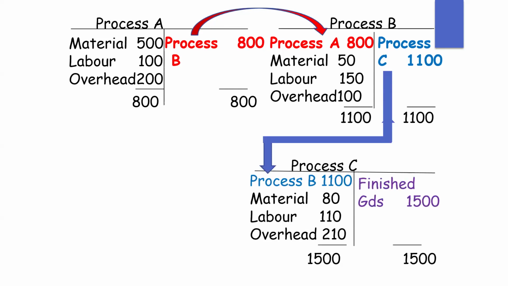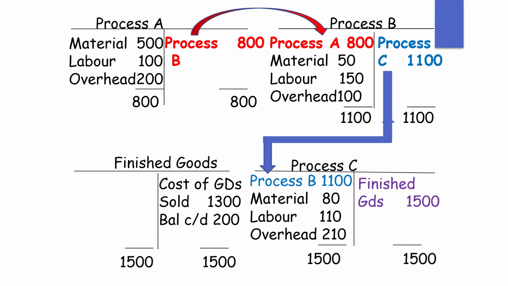In process C, you can see the input from process B. At the same time, you can see other additional inputs of material, labor, and overhead. The final output of process C is recognized as the finished goods, which is worth 1,500. That will be transferred to the finished goods account.